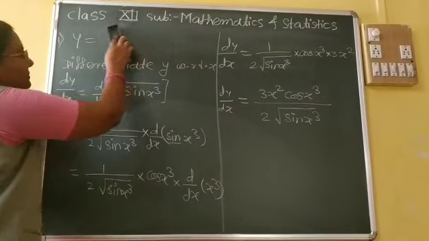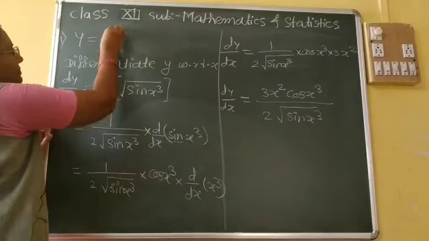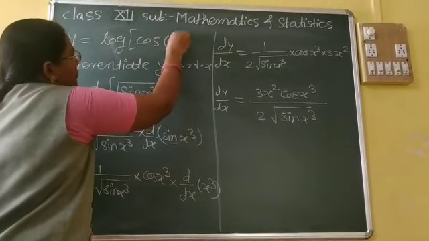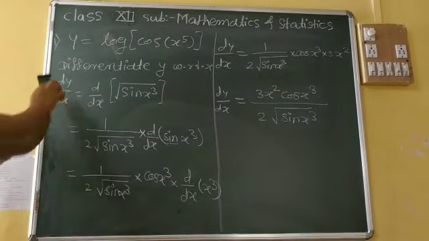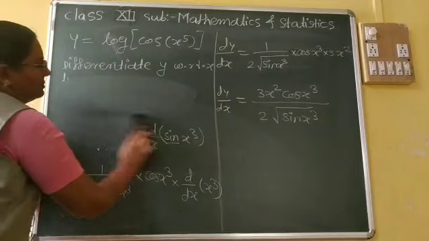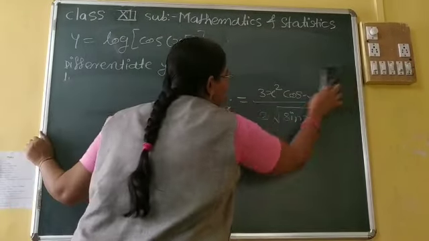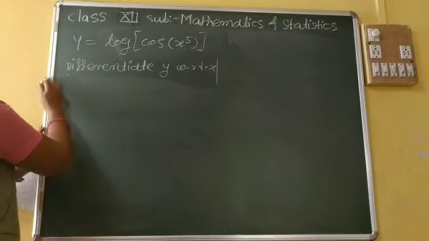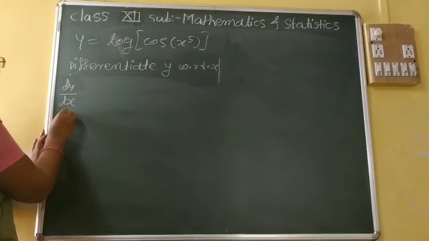Another example, that is y equal to log of cos of x raised to 5. Taking the second example. Differentiate y with respect to x, we get dy by dx.